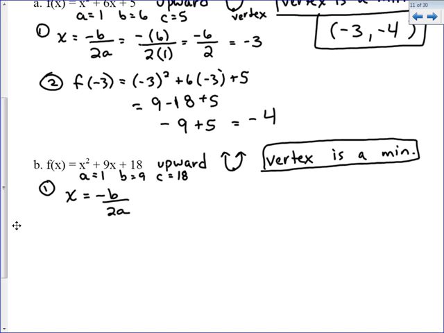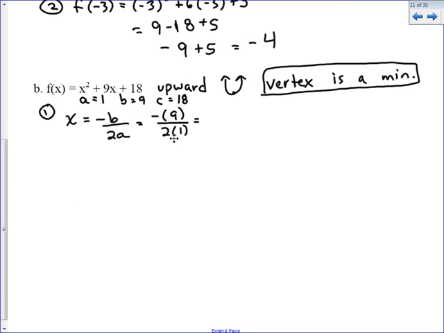So if I substitute in my numbers, I have negative 9 over 2 times 1. Now watch these negative signs. Just like with the quadratic formula, if b is negative, you do the minus and negative, which turns it back to positive. So I have negative 9, 2 times 1 is 2, so negative 9 divided by 2.